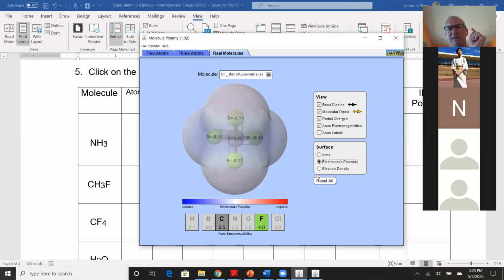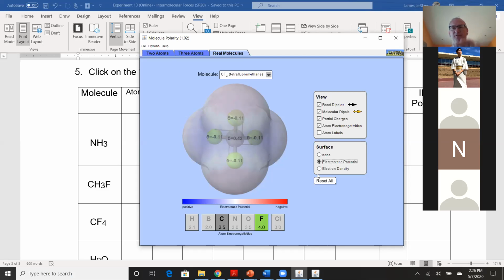But the question is, why does it boil at a higher temperature than methane? Methane can only do dispersion forces too. But why does CF4 have a higher boiling point? Size. Exactly. CF4 just has more electrons. It's bigger, it has more electrons. And the more electrons you have, the easier it is to force a little bit of a dipole.